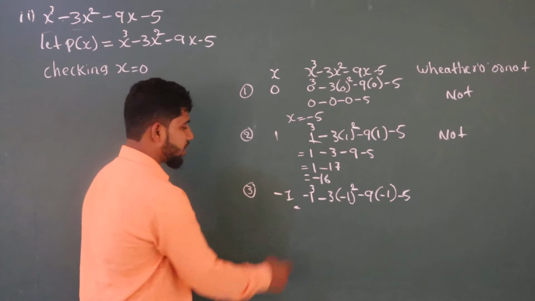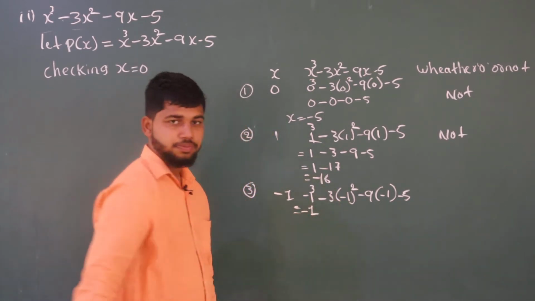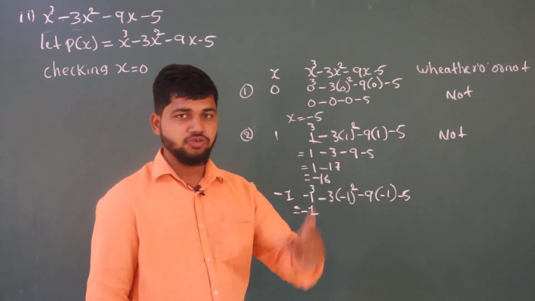Now minus 1 cube means minus 1. If you multiply minus 1 three times, you will get minus 1.